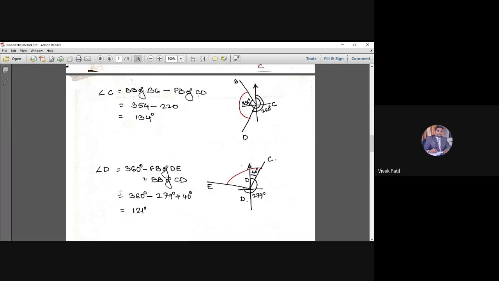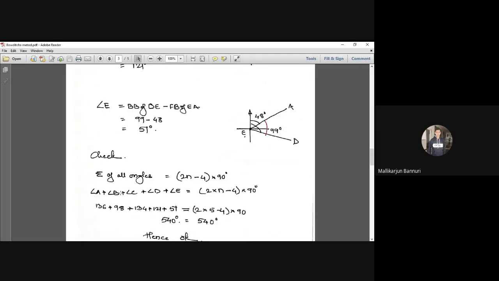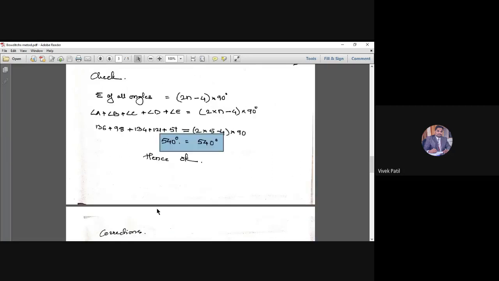Summation of all the angles is 540. 540 equal to 540. Is my answer okay? Yes, sir. Then it's okay.